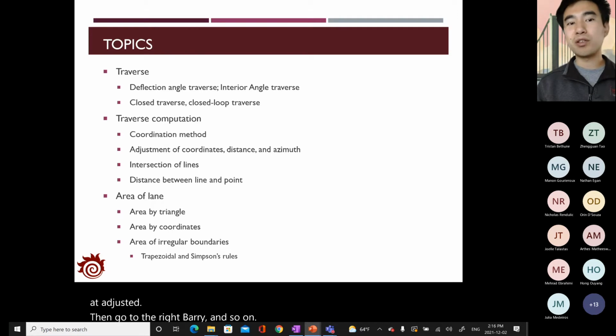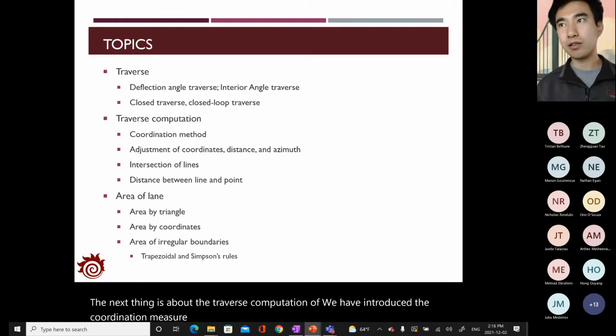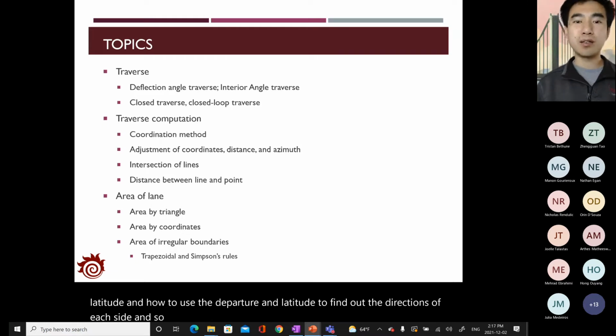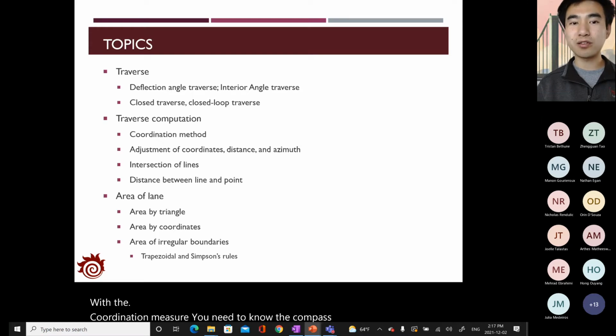The next thing is about the traverse computation. We have introduced the coordinate method to do the computation, to calculate the departure and the latitude, and how to use the departure and latitude to find out the directions of each side and so on. And with the coordinate method, you need to know the compass rule to do the adjustment.